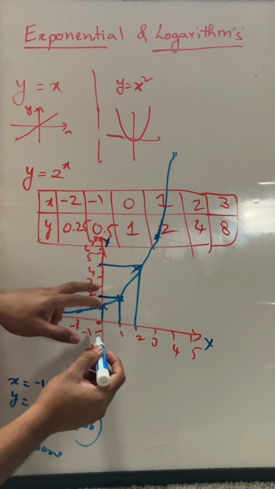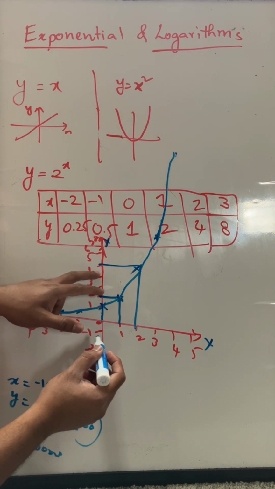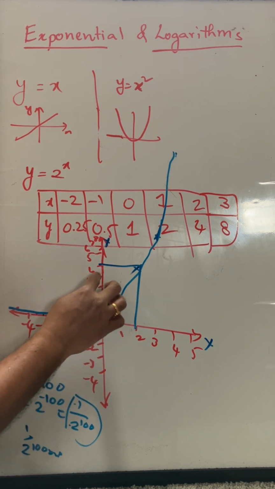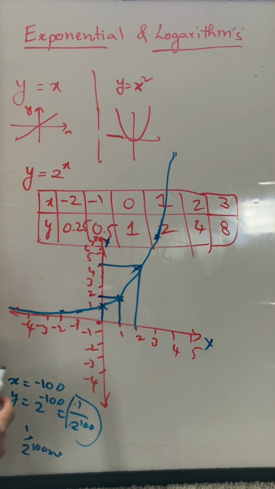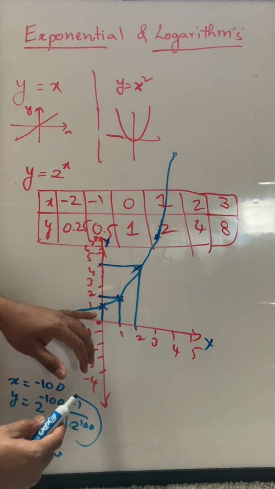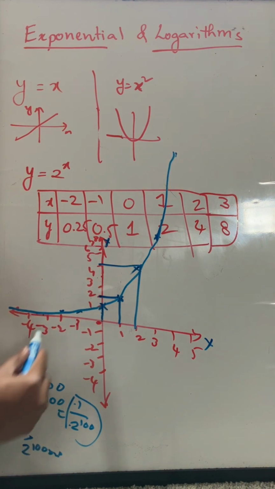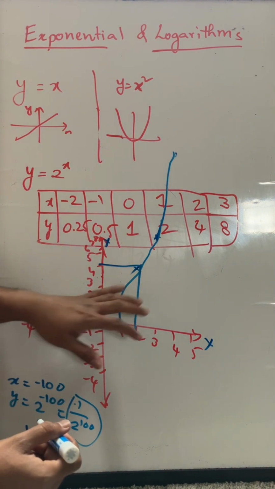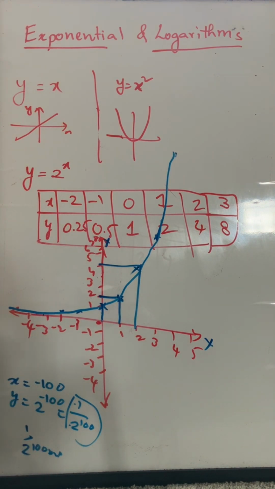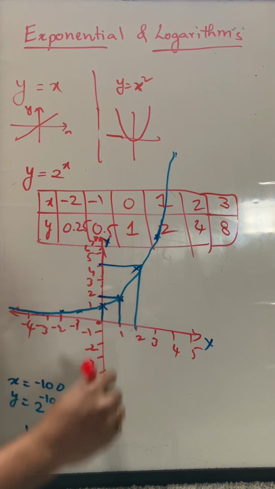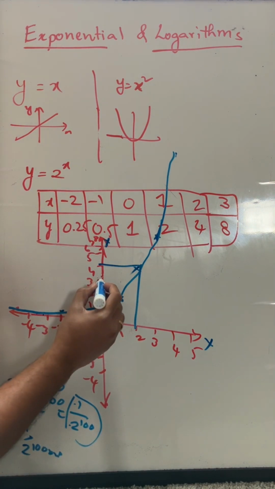1, 2, 3, 4. I think I've plotted one. 1, 2, 3 and this is 4. Okay, so let's take when y equals 3.